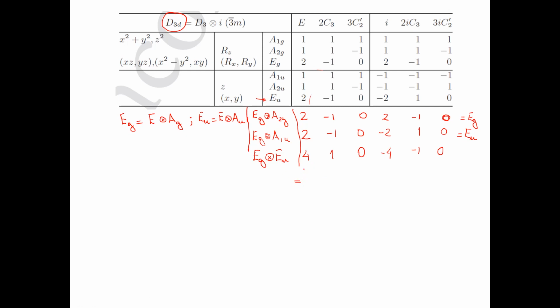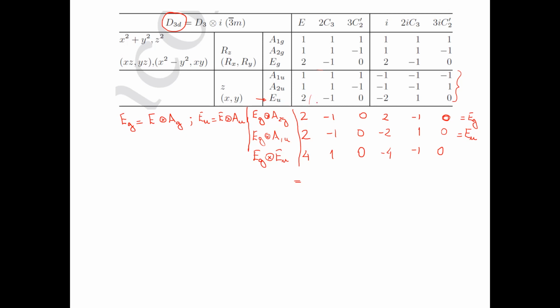Well, let's see if we can guess that without decomposing using the formula. First of all, we know that the product of an even and an odd representation must be a combination of odd representations, right? So it must be a certain combination of these three odd representations: A1U, A2U, EU.